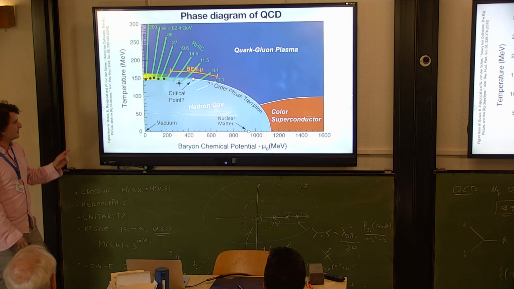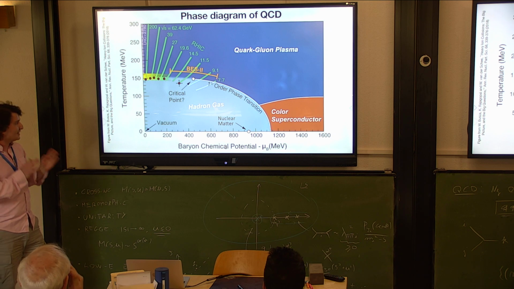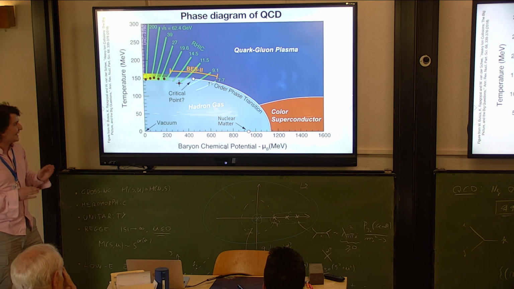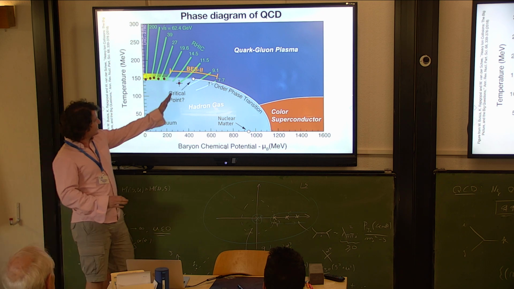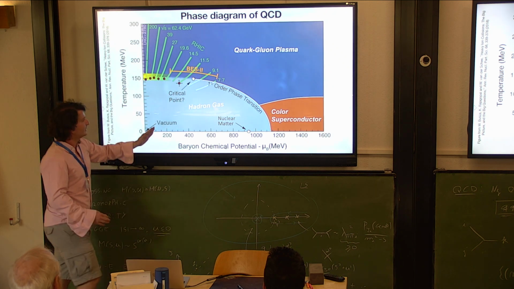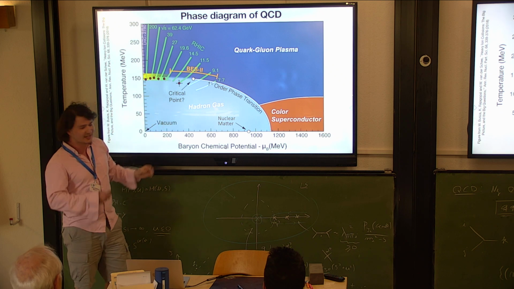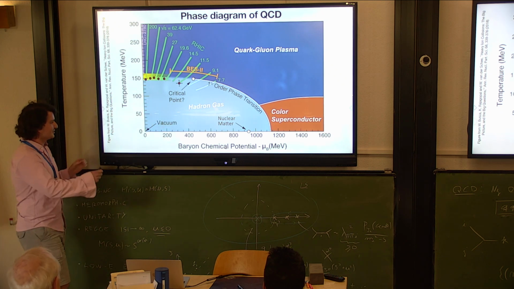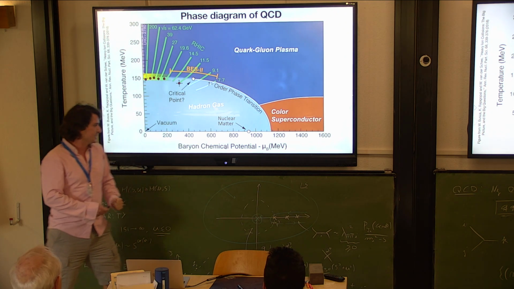To be fair, what is well understood from first principles lattice QCD calculations is somewhere from this line here to the left, because there's a notorious sign problem when we try to evaluate the path integrals at a finite baryon chemical potential.